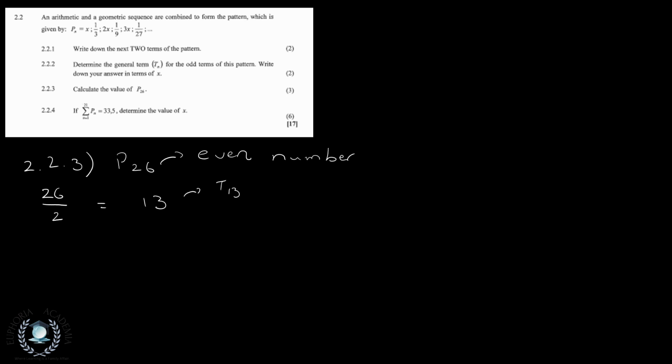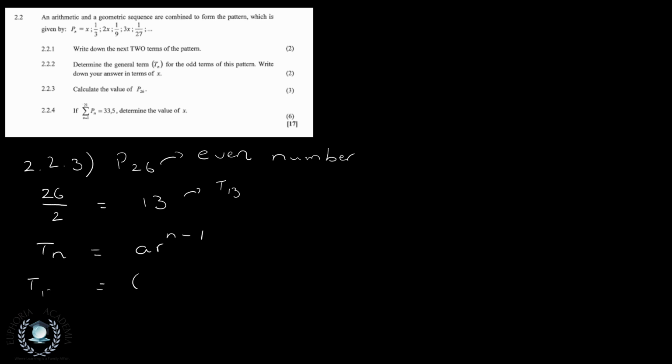All right, so we already know that our general formula for a geometric series, Tn, is equal to a r to the power of n minus 1. Now our a, we noted it down as 1 over 3, and our r was also 1 over 3. So let us substitute everything.